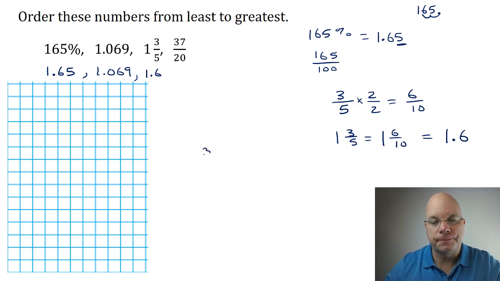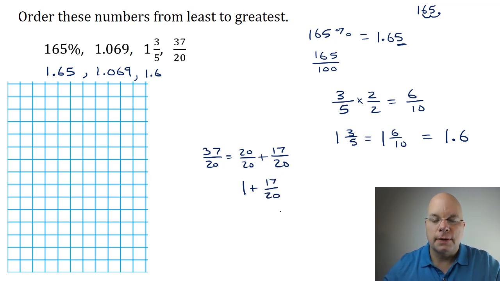37/20 is equal to 20/20 and 17/20. So that's 1 and 17/20. 17/20 can be converted to a decimal fraction by multiplying it by 1 in this form, 5/5, because a 20th of a fifth is a 100th. 17 multiplied by 5 is 85.